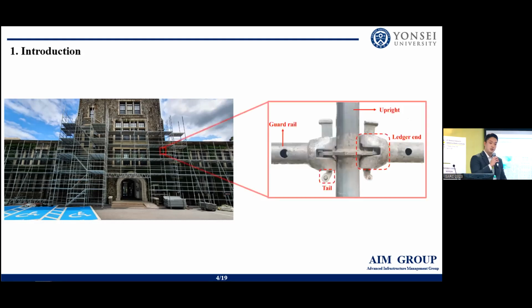To secure the safety of a joint, we need to check the status of the ledger end and tail of the joint, and these components were too small for a point cloud segmentation model to detect. We could also use images to detect these and check the safety of it. But after the safety analysis, it was another task to localize the troublesome joints on the whole structure. So we thought, why not use both of them?